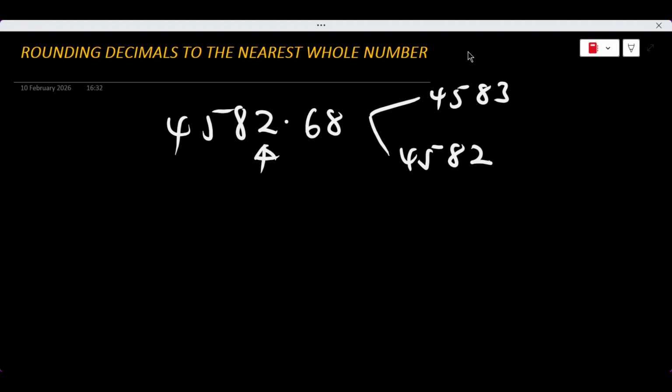Now we have to consider the tenths digit place value number. Here is 6. Since 6 falls under the category of 5 or more, meaning we are going to round up, meaning we are going to what? Increase the 2 by 1, giving our answer as what? 4583.